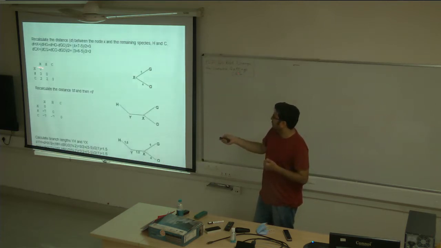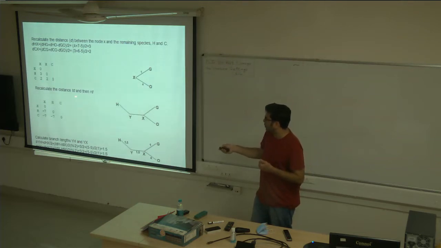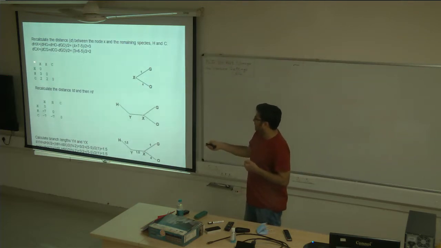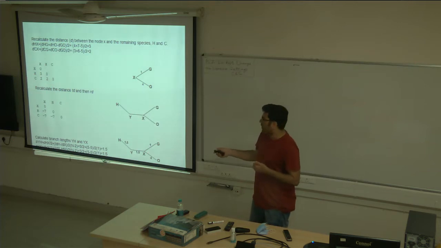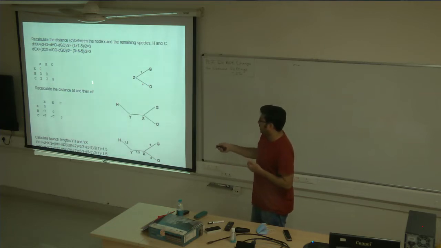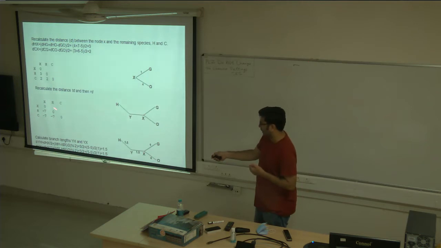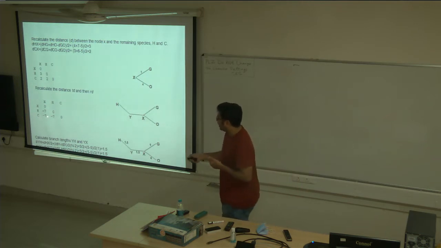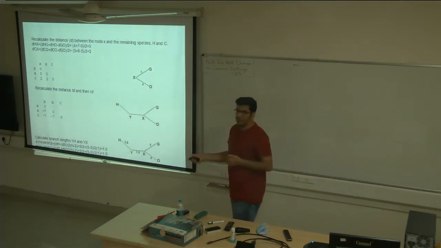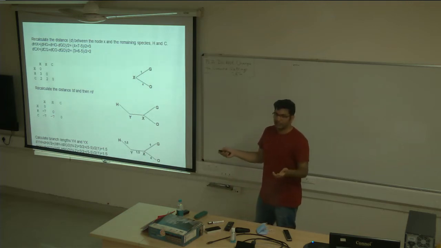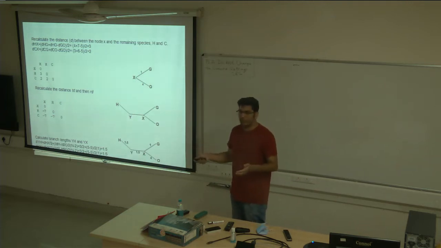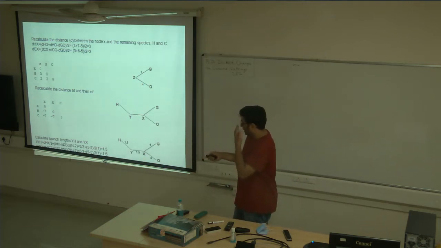In the same way, from this matrix you calculate the total distance for X, H and C, and from that you again calculate the rate corrected distance. This is what you get. Now if you see, all of them have a value of -7, so you can pick any taxon pair to build the tree.